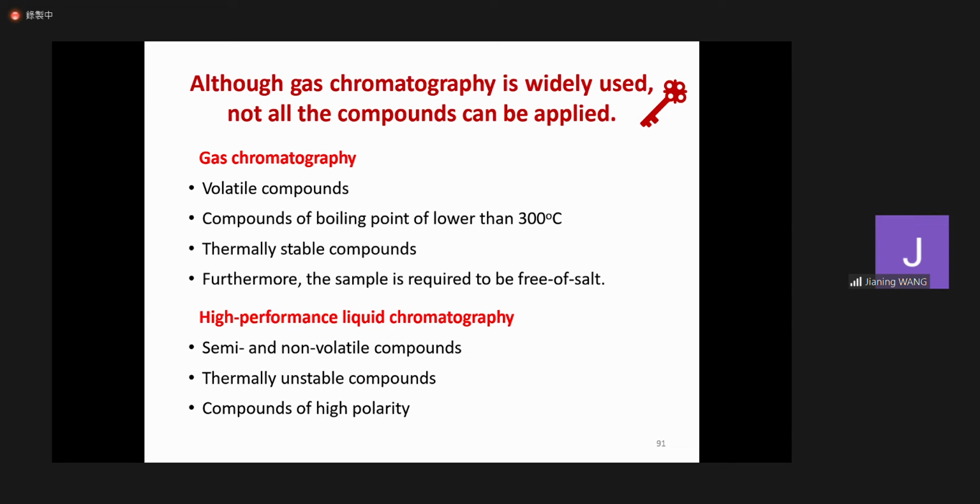Some columns can resist 350, but usually we just work under 300. And those compounds should be thermally stable.